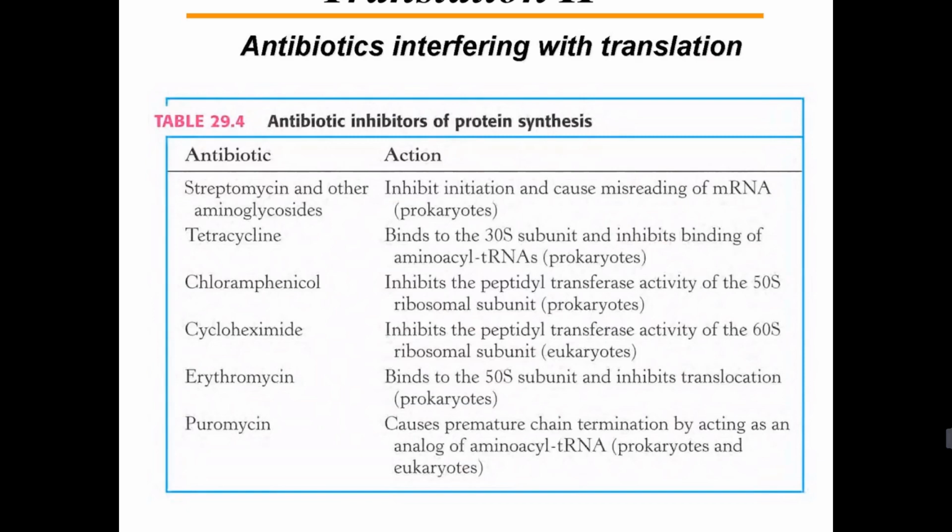So antibiotics are known to inhibit protein synthesis. This occurs at the ribosomal level. And this table highlights some of the commonly known antibiotics. Some are very specific for prokaryotes, as you can see. Streptomycin and aminoglycosides.